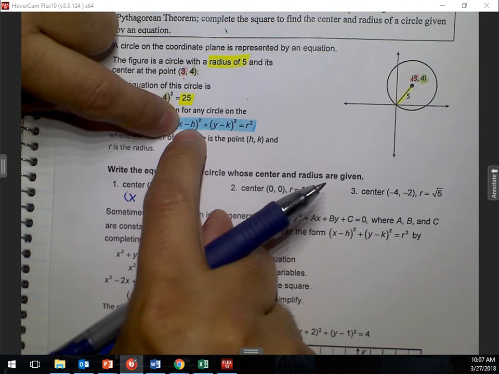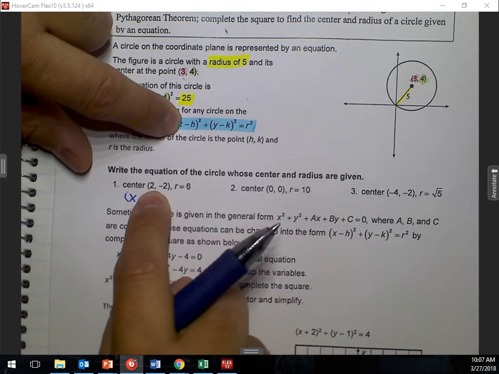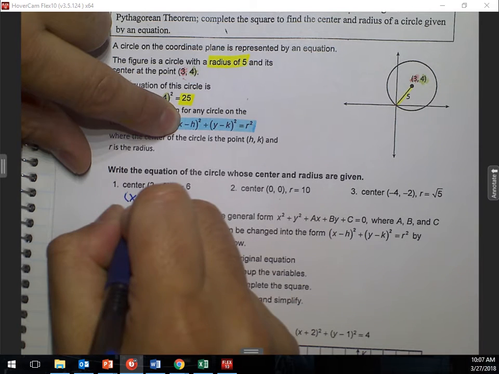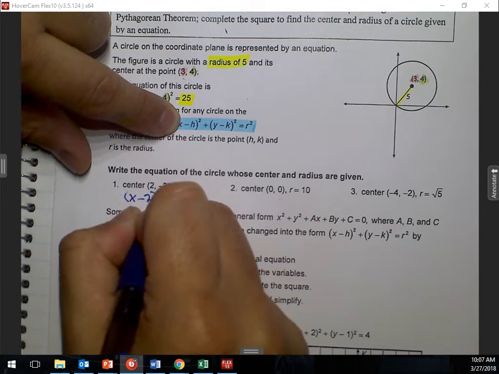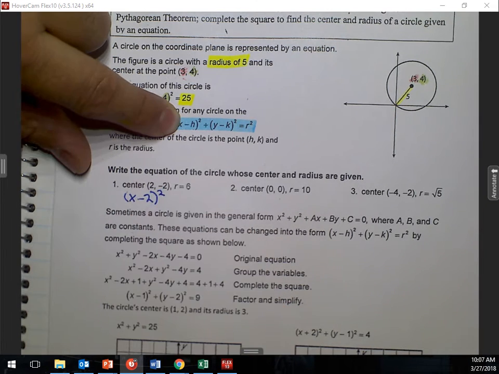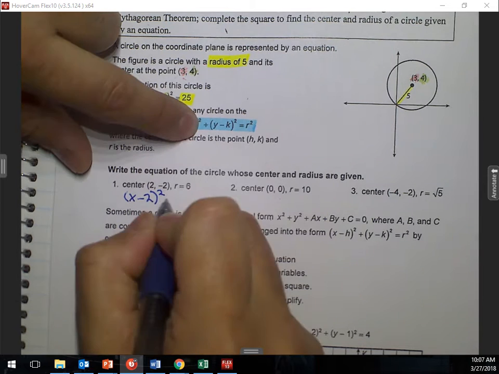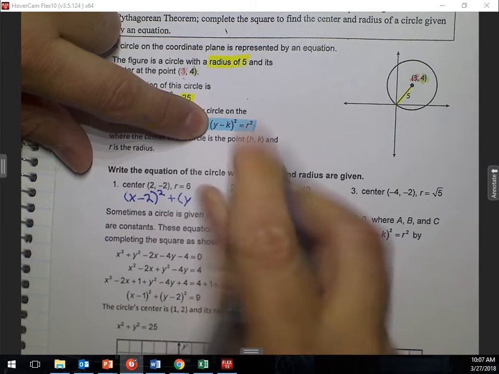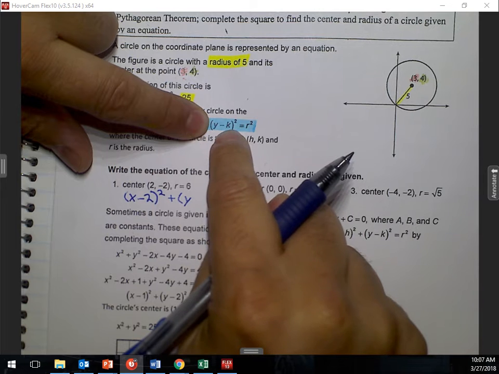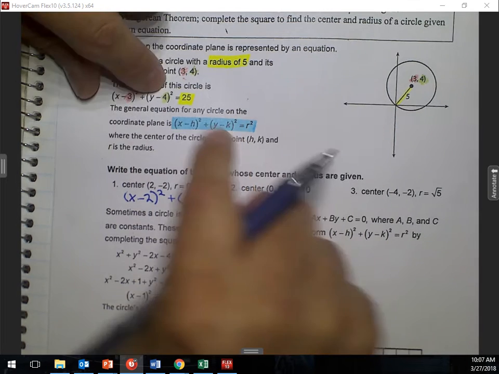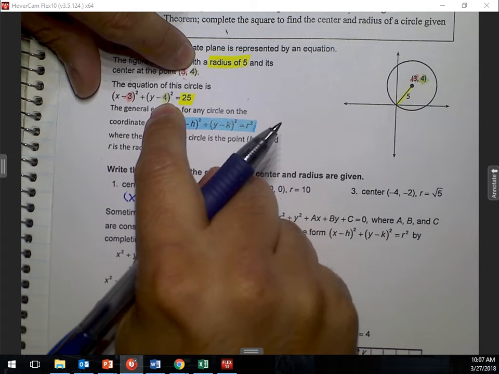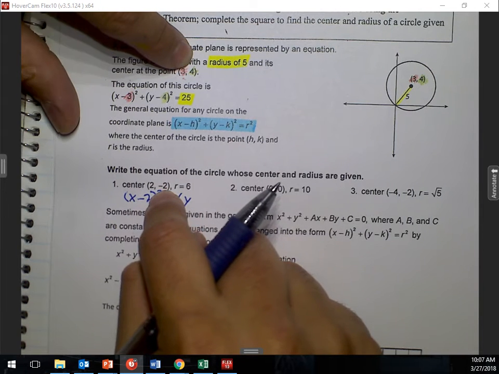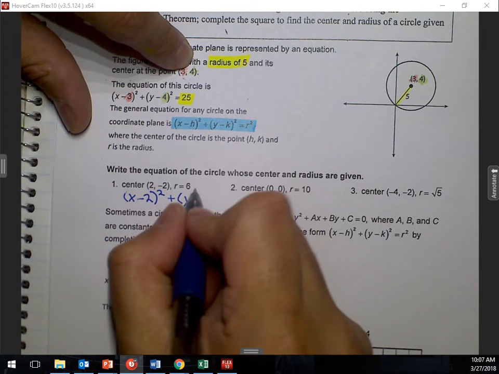It should be minus my H value, so minus 2, close, square. The next piece says plus, parentheses, my Y value, minus the K value. In this one, it came out to be this number over here, but if it's a minus negative 2, it becomes plus 2.